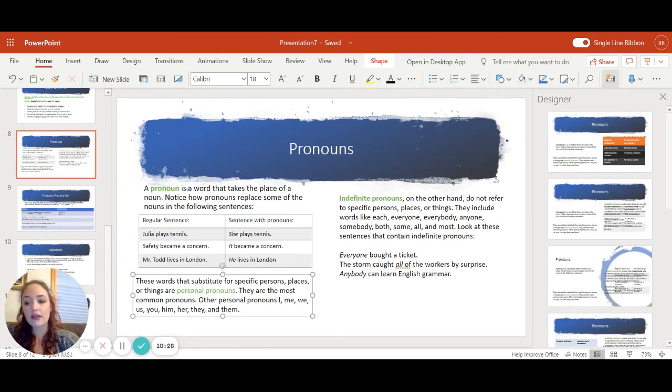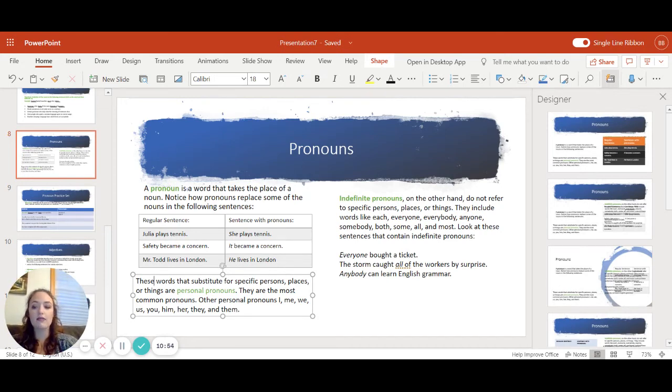Okay? The other type of pronoun we have is indefinite pronouns. They don't refer to specific people, places, or things. They include each, everyone, everybody, anyone, somebody, both, some, all, and most. Okay? So look at these sentences that contain indefinite pronouns. Everyone bought a ticket.